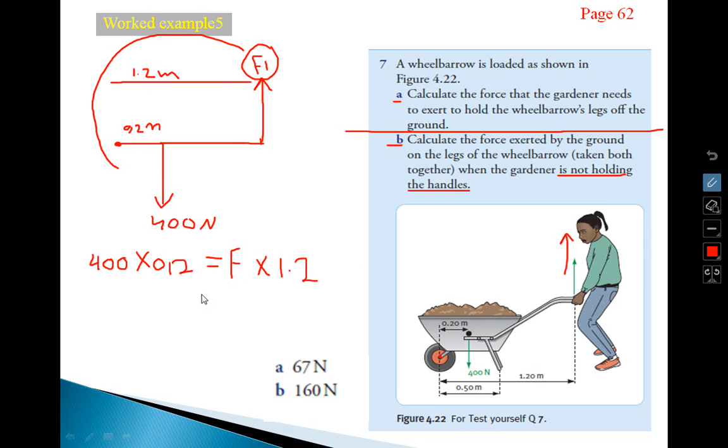So F1 is equal to 400 times 0.2, which is 80, over 1.2.